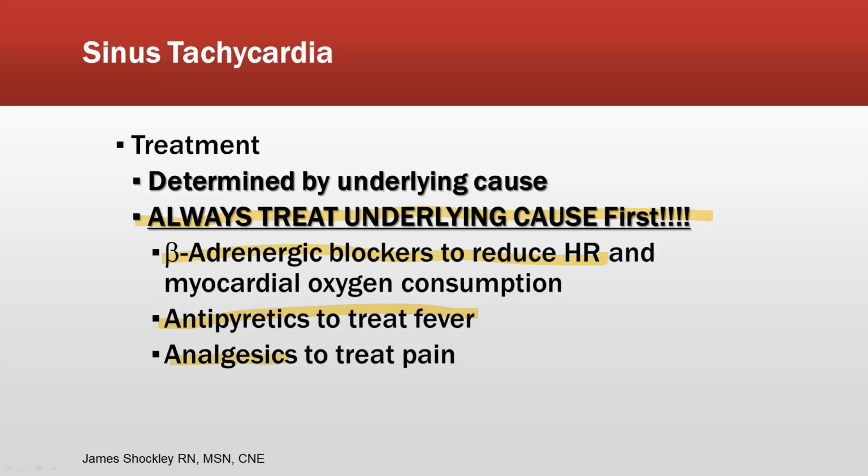Of course, if it's because of pain, I can treat their pain. Not just with analgesics, but a lot of distraction and music and all the other non-medical interventions that I can do for pain. But again, that's going to be if the client is symptomatic. If they're not symptomatic, I'm just going to document, continue to monitor, and maybe do more frequent assessments.